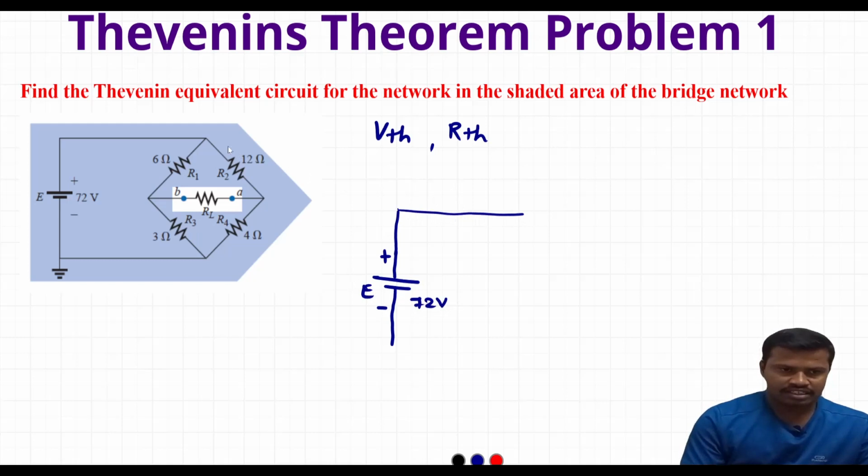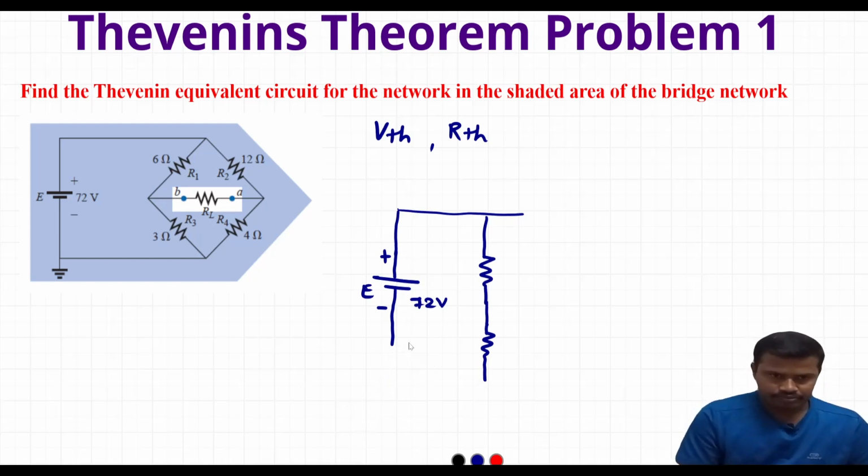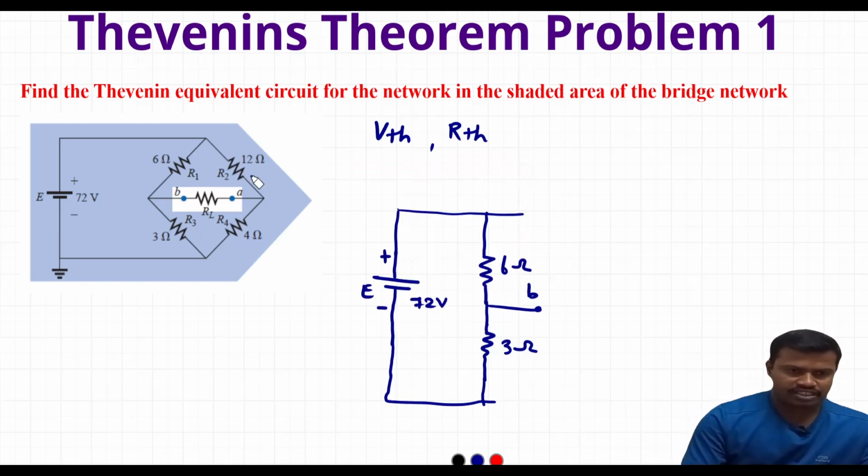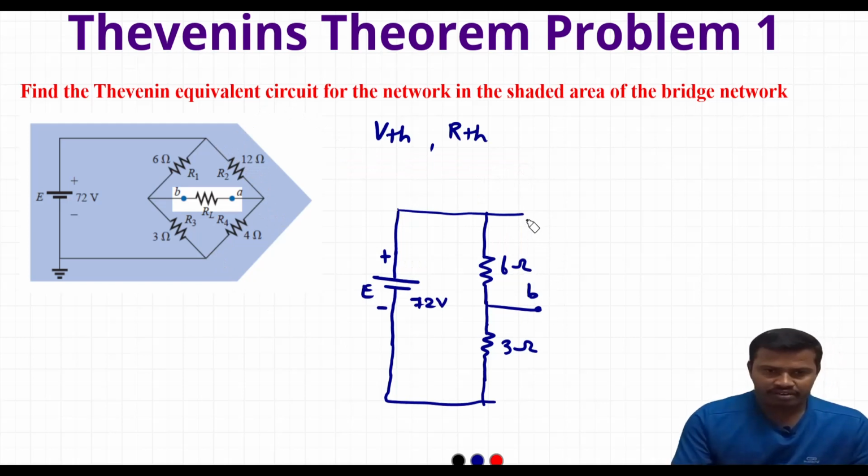Here the 6 and 3 ohm resistors are in series: this is 6 ohm, this is 3 ohm, and this is the terminal B. This other portion is 12 ohm and 4 ohm, which is also connected in series.